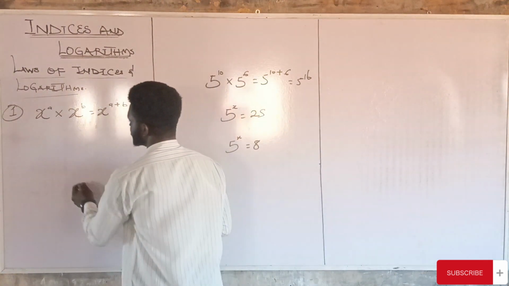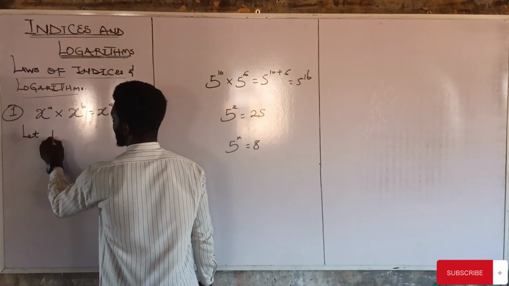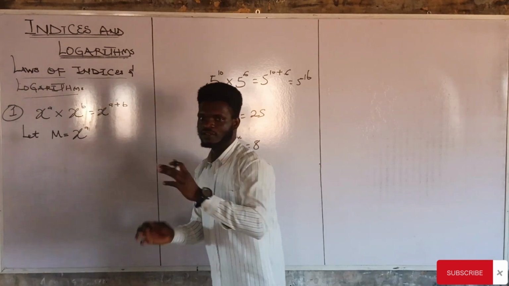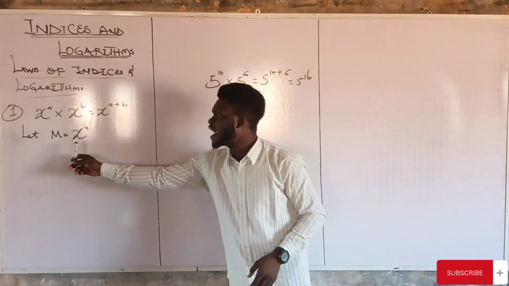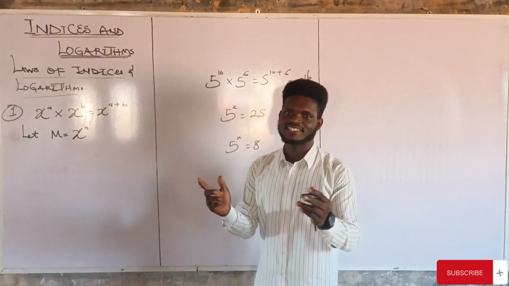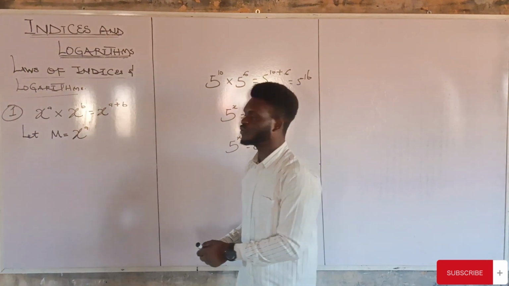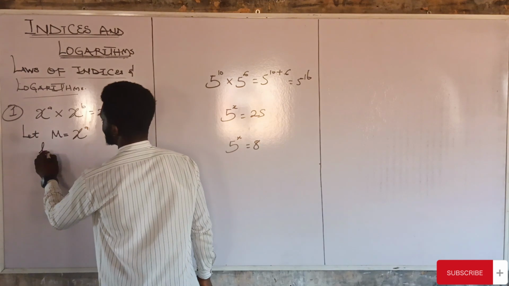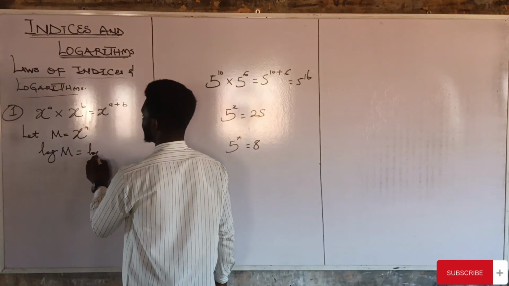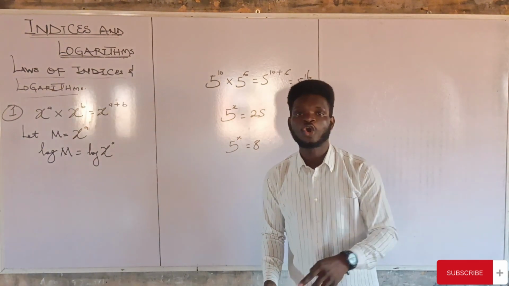Let n be equal to x raised to the power of a. That's the point I'm trying to prove. If n is equal to x raised to the power of a, then, the golden rule of mathematics, take log of both sides. You have log n equals log x raised to the power of a. Like I said earlier, take what? Log of both sides.